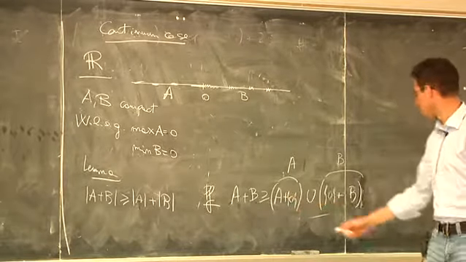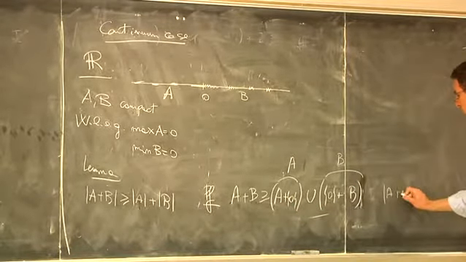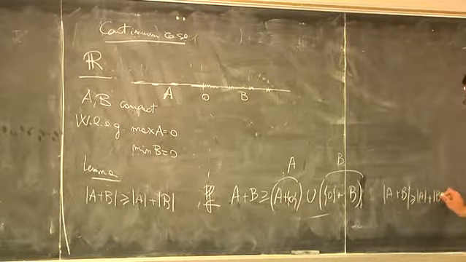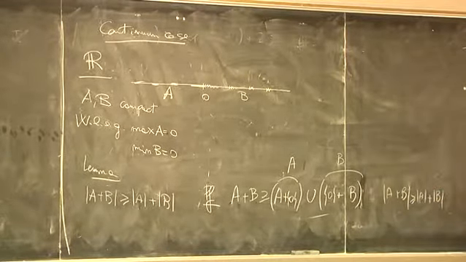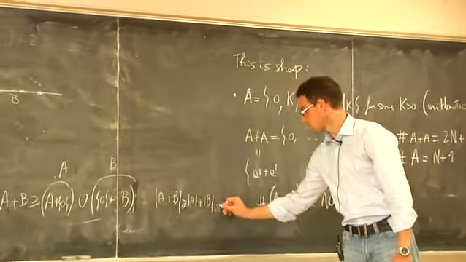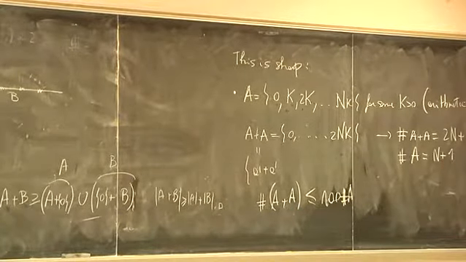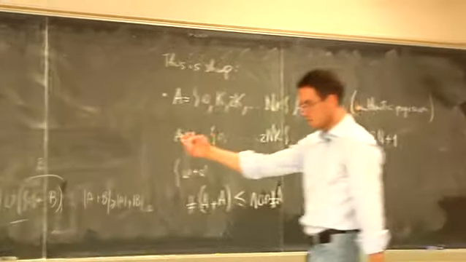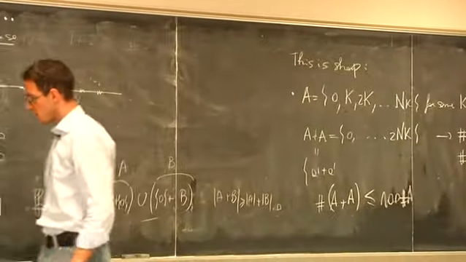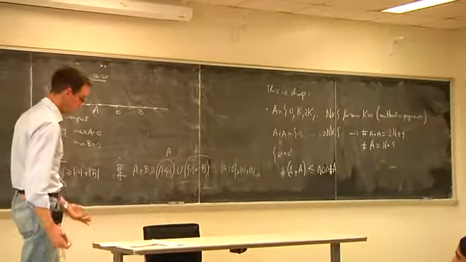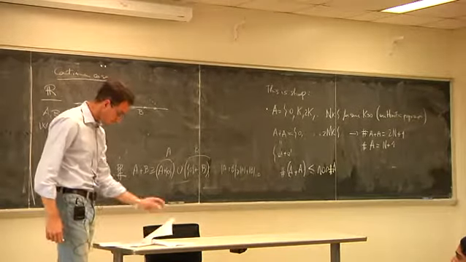So you get immediately that the measure of A plus B is greater or equal than the measure of A plus the measure of B, because these are almost the same set. Okay? So in one dimension, this is the Brunn-Minkowski inequality, although it is more an exercise than anything else.